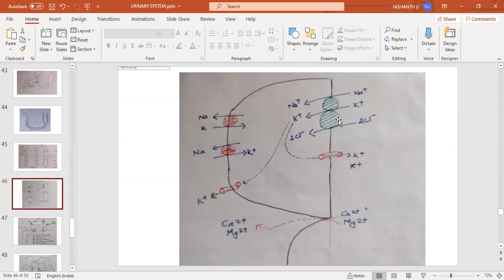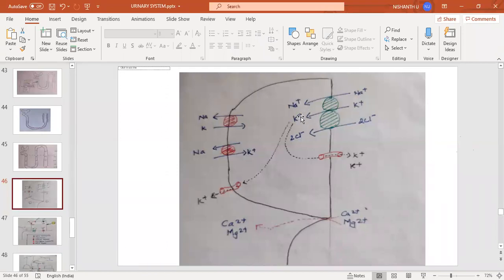In future, in pharmacology, you are going to study this concept. So it has its disadvantage. Now think logically. Consider a person who consumed a diuretic which blocks this particular transporter. That means sodium cannot be reabsorbed, potassium cannot be reabsorbed, chloride cannot be reabsorbed.